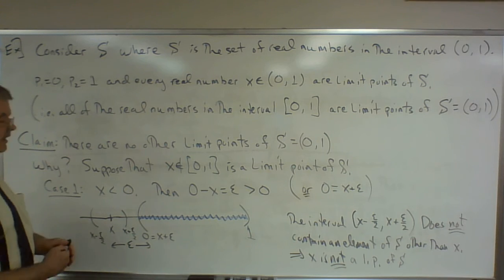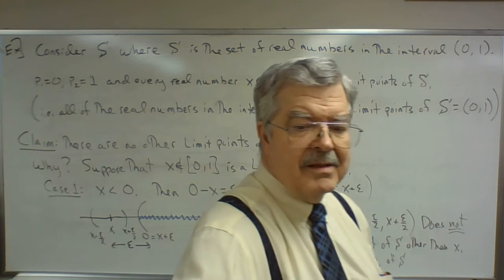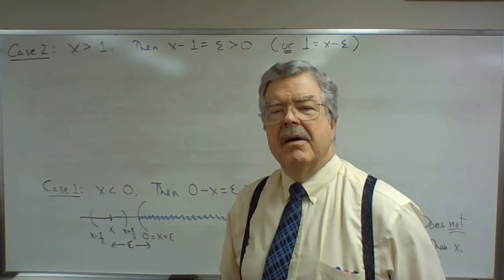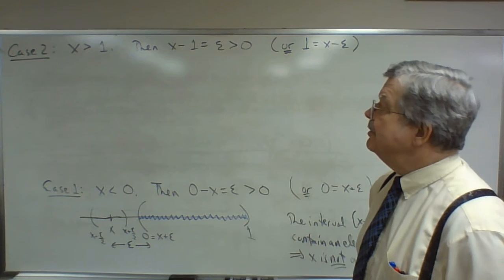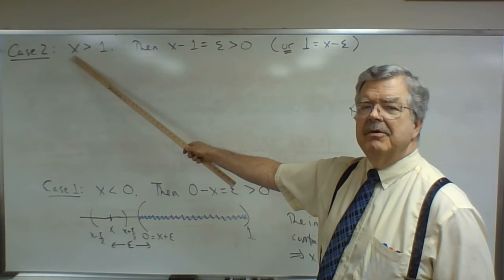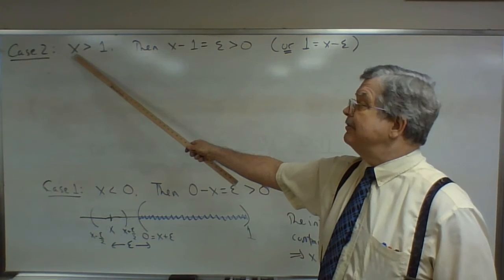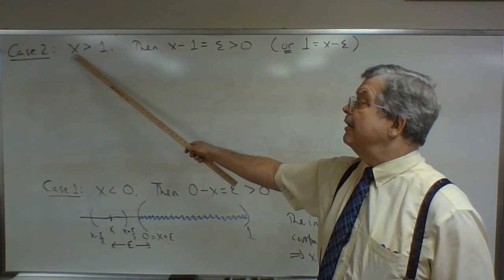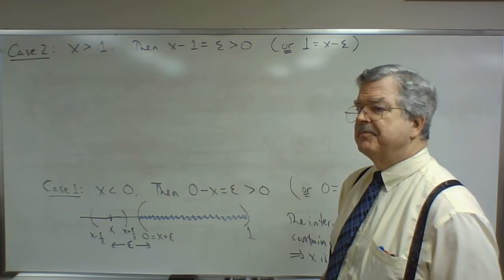Okay, let's look at the other case. Suppose that x is not in the closed interval from 0 to 1, and x is not less than 0, so the only other possibility is that x is greater than 1.